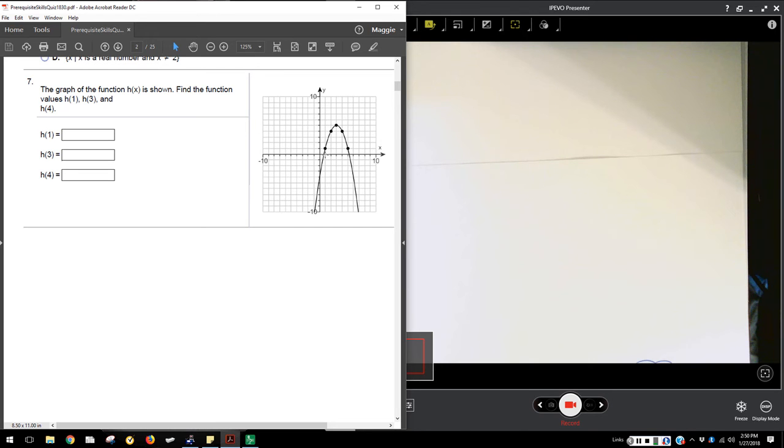The value x is equal to 1 is right there, and the point that corresponds to this is the point right here, which is where y, which is the same as h of x, is equal to 1. So the value when x is equal to 1 is the y value of 1.